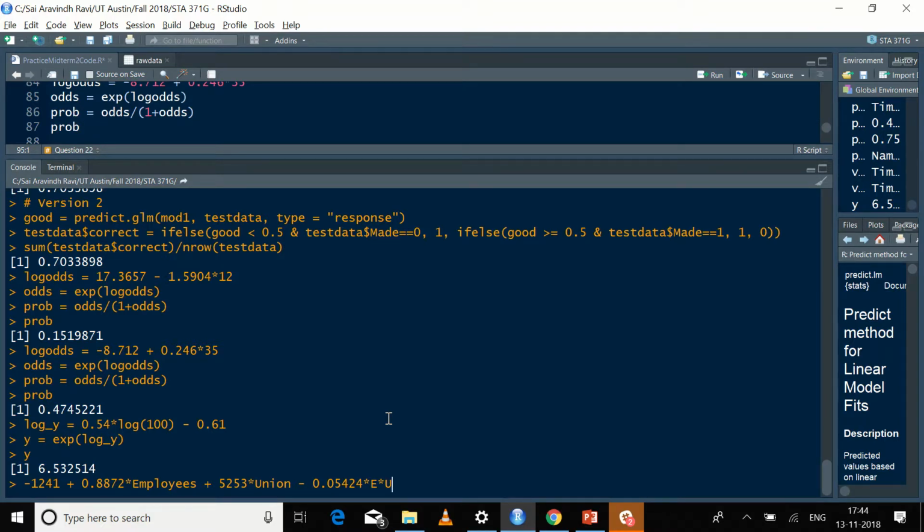So this becomes minus 0.424 times, and that will be the result. All right. Questions?